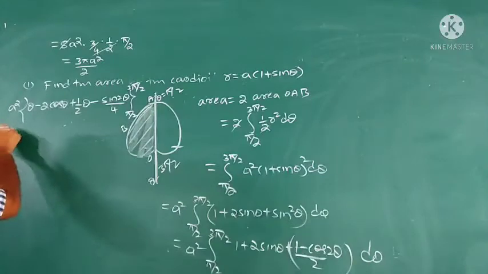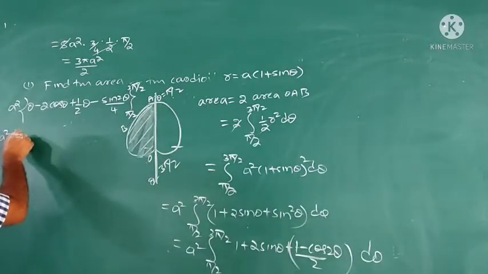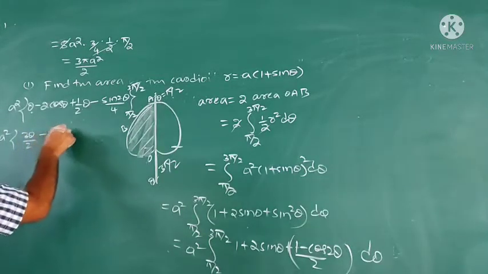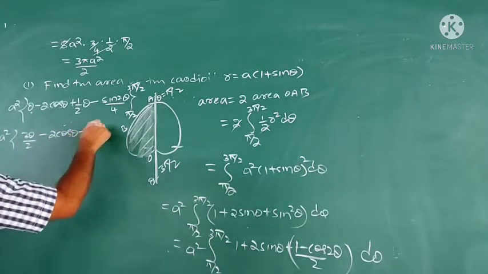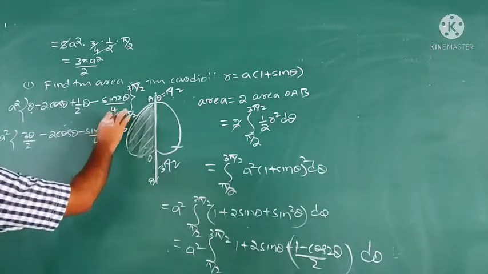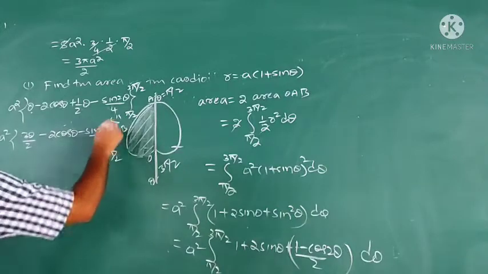So it is a² [3θ/2 − 2 cos θ − sin 2θ/4], with limits from π/2 to 3π/2.